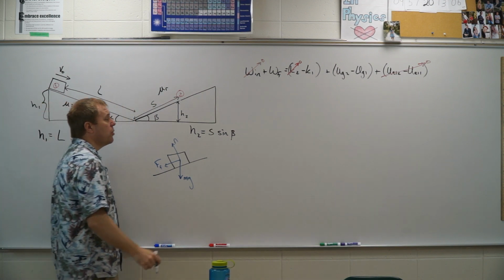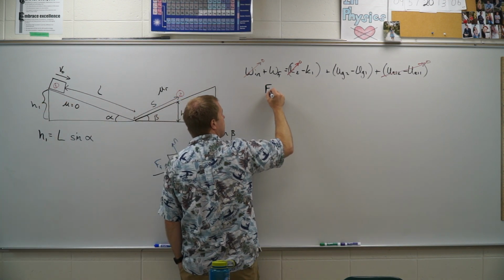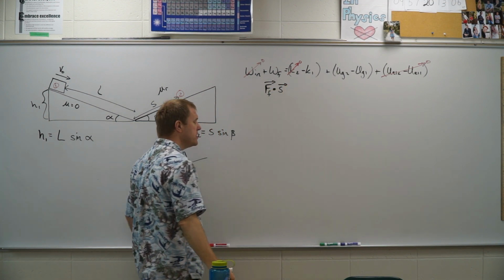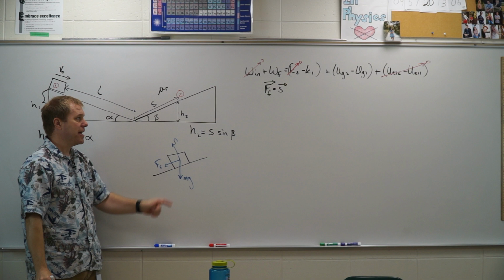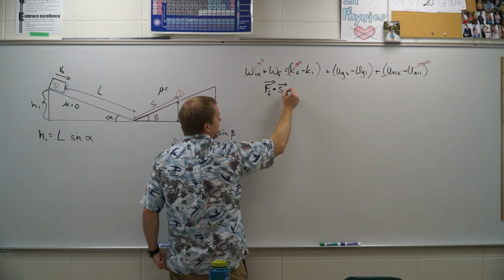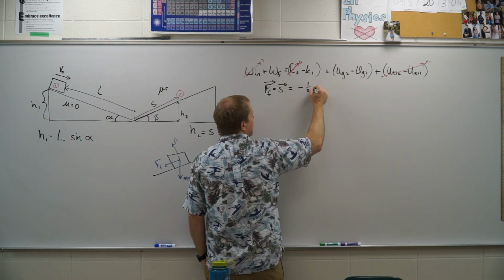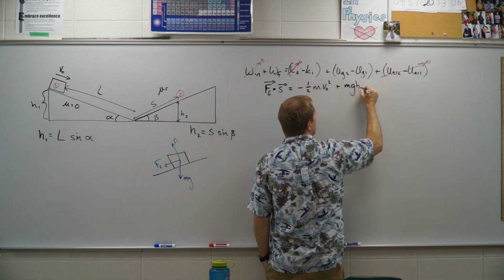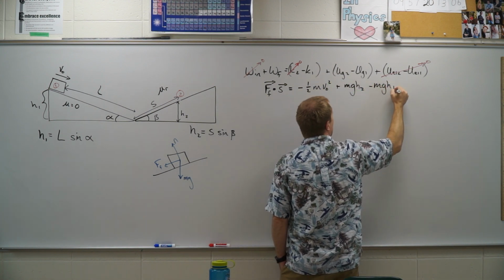All right, so work done by friction, we'll remember, is the force of friction vector times the displacement over which it occurs, and in our case that is just S. And then I have negative 1/2 m v naught squared plus mgh2 minus mgh1.